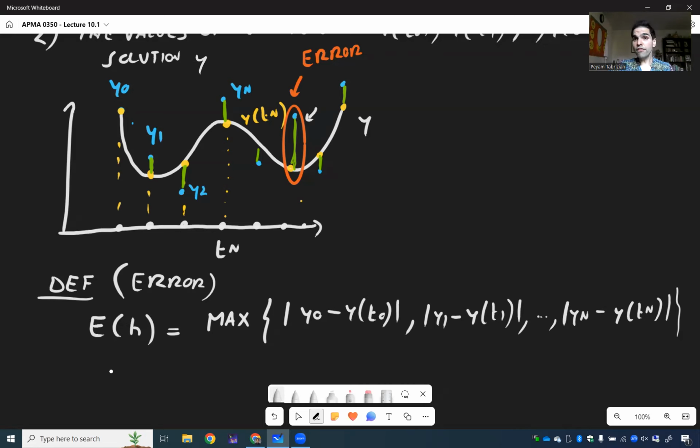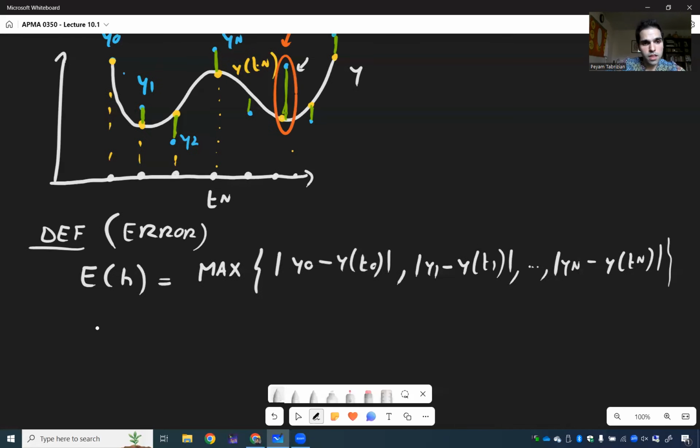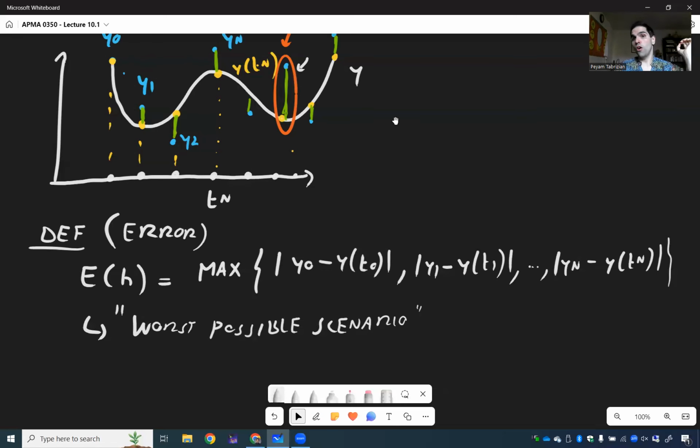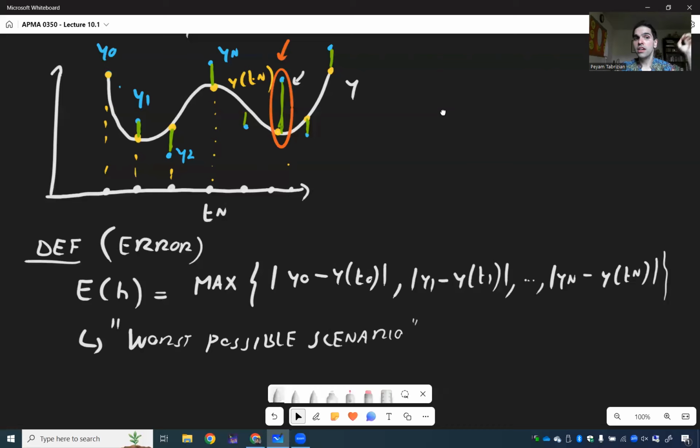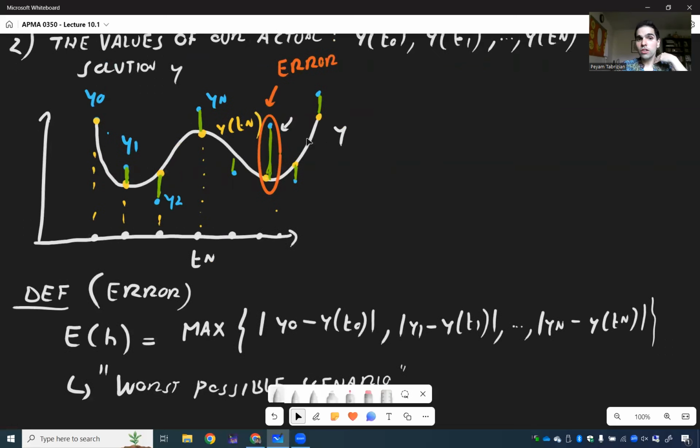Now, really, you have to think of the error as the worst possible scenario. If one of those Euler's points deviates a lot from the solution, then the error is big. For instance, in this picture, most of the points are close to the true solution, but because this blue point is far from the solution, the error is big.